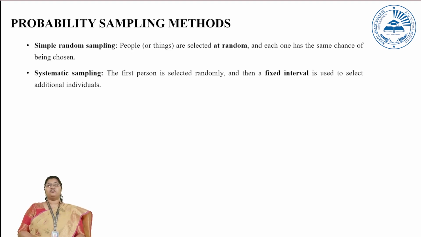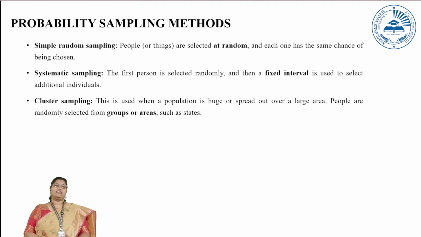So I'll take out my attendance sheet and in that every 10th person, roll number 10, roll number 20, roll number 30, 40 and 50, I select them as a part of my study or as a part of that particular assignment. So after every fixed interval, that is after every 10 students, I am going to choose the next person. This is known as systematic sampling.